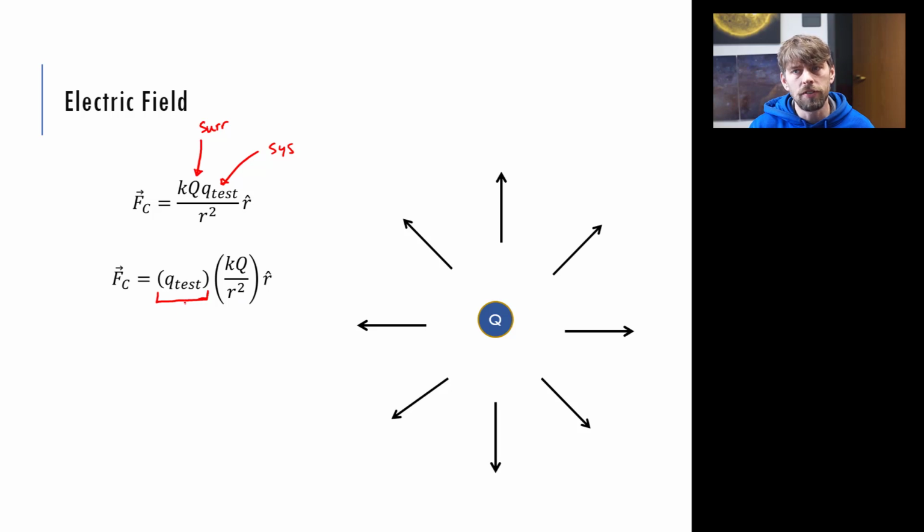If I move this to the other side, as we'll do here, the quantity that is left over on the right side of this equation has nothing to do with my system whatsoever. K is a constant. Q is a charge for the surroundings, the thing that's doing the interaction. R is my position in space with respect to that central charge.